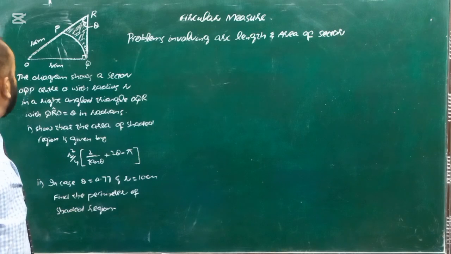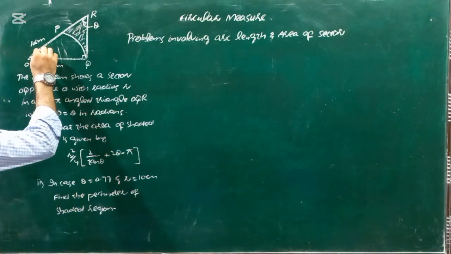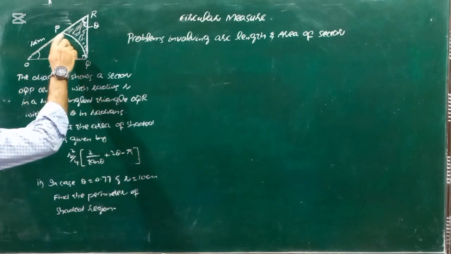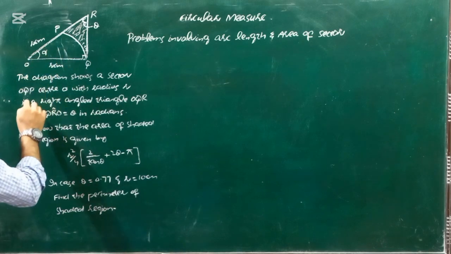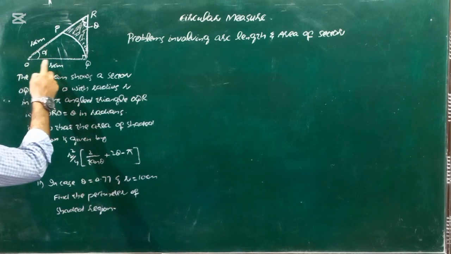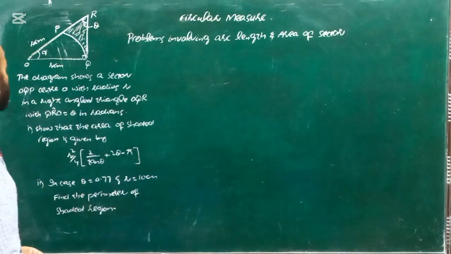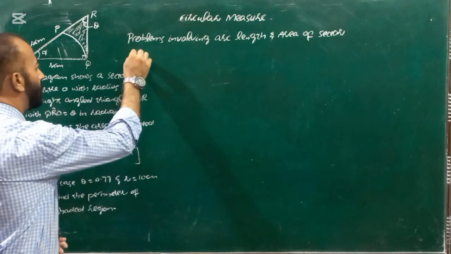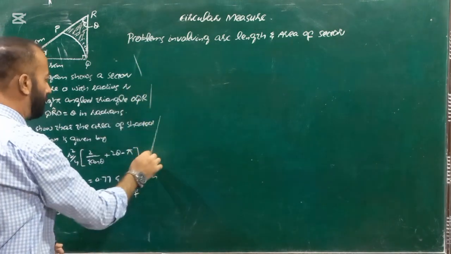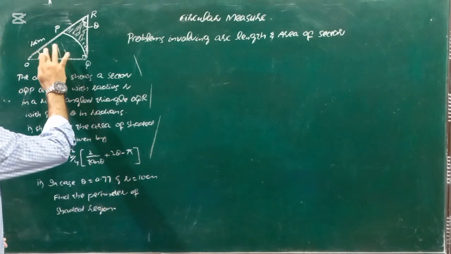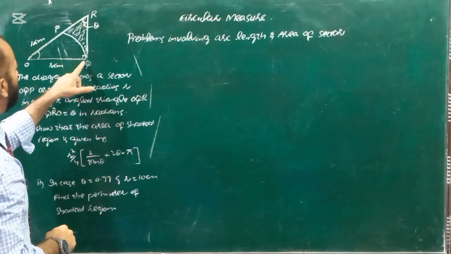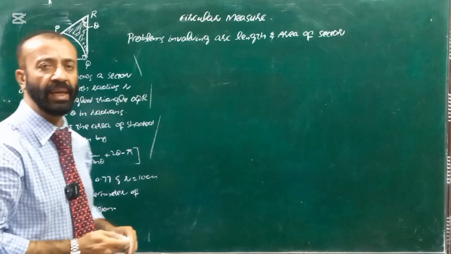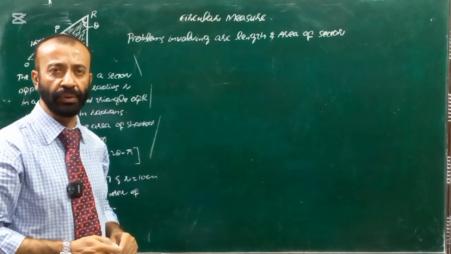So look now, this is the sector and this is the angle at the origin of the sector. So let's suppose it is theta. Or it will be like pi by 2, because the sum of the angles of the triangle is 180 degrees, you know.